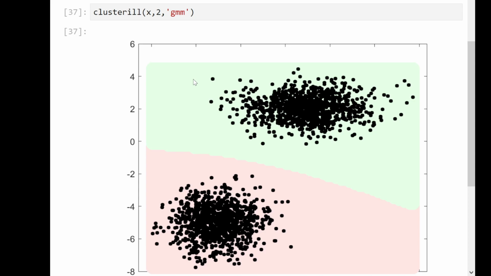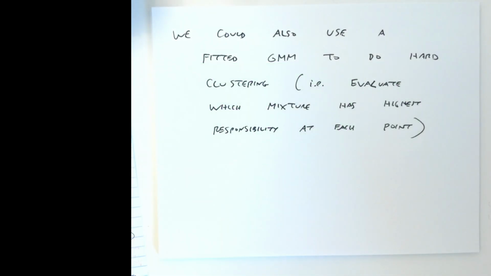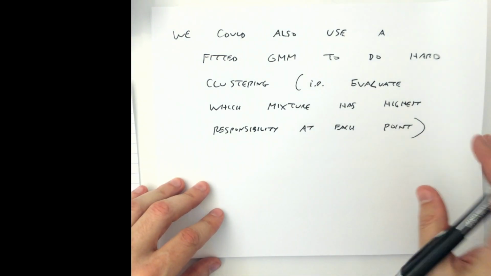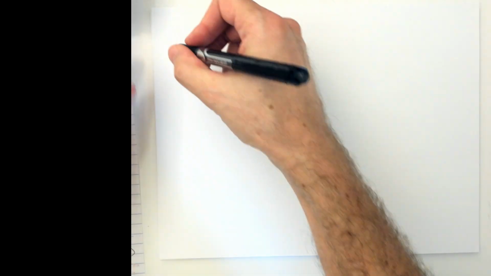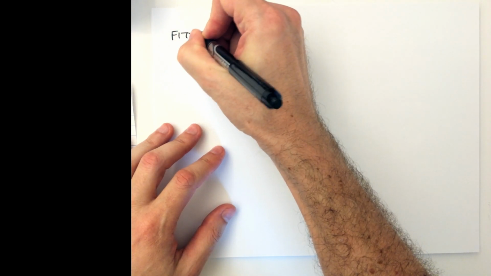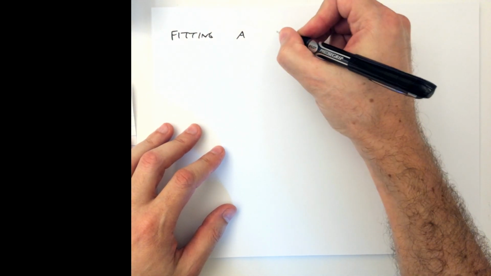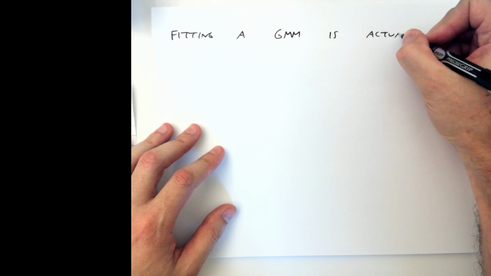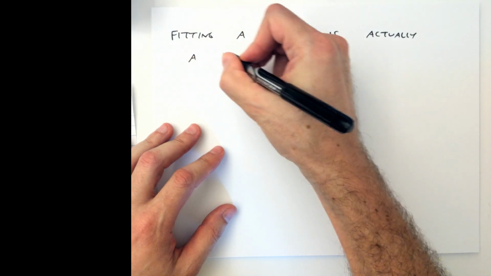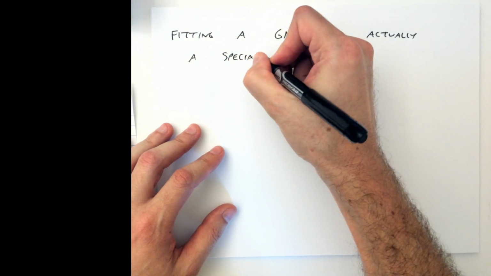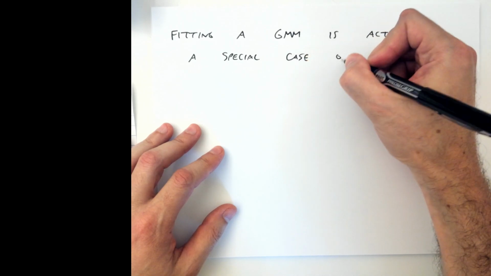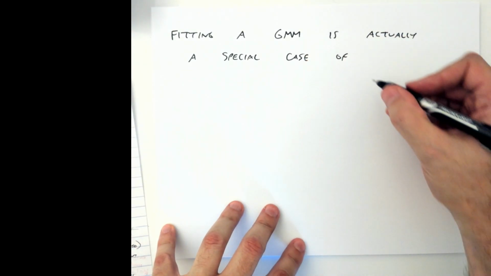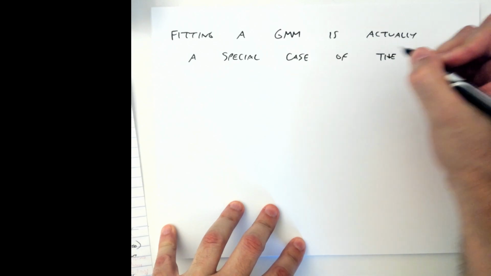So one thing I want to say, and with 5 minutes left we can't go into it too much, is that fitting a Gaussian mixture model is actually a special case of the full EM algorithm.